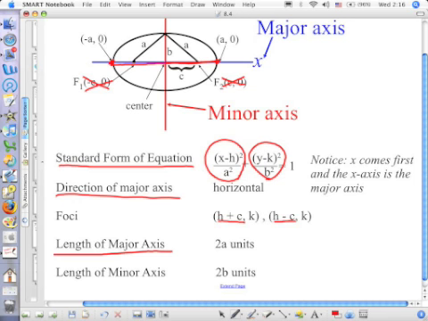If a is the distance from the center to the edge, then the whole thing is 2a. So 2a is the length of the major axis. If b represents the distance from the center to the edge of the minor axis, then how could we say the length of the whole thing? 2b. All right? 2a represents the length of the major axis, and 2b represents the length of the minor axis.